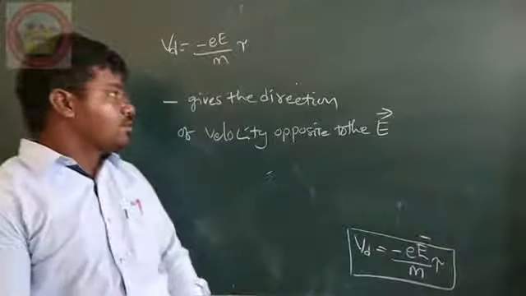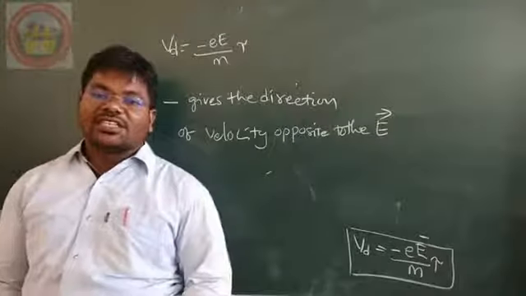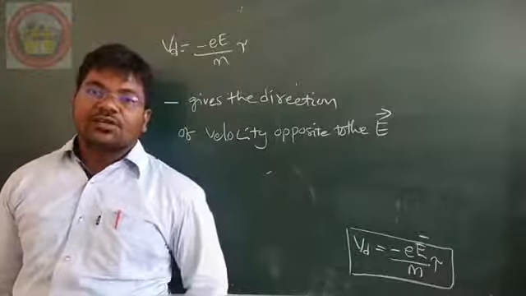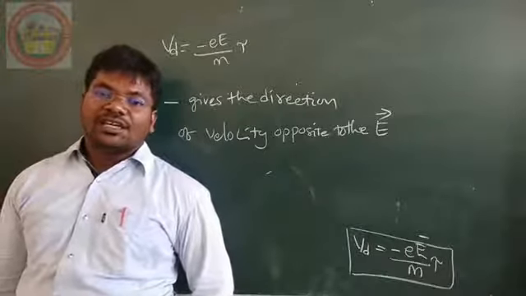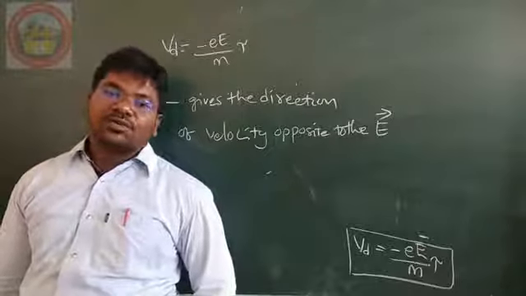So finally, drift velocity Vd is equal to small e capital E divided by m into tau.